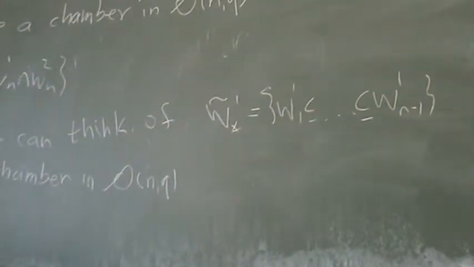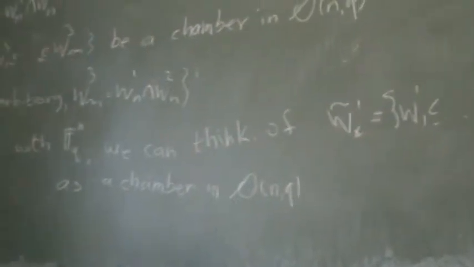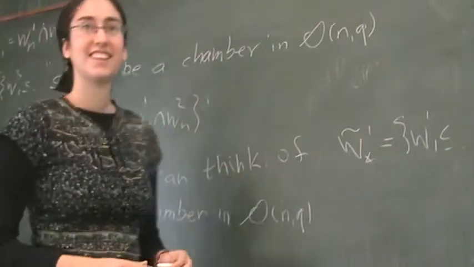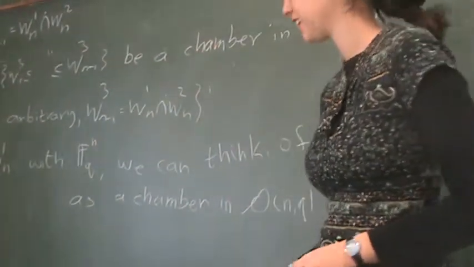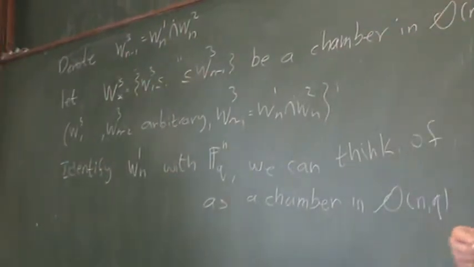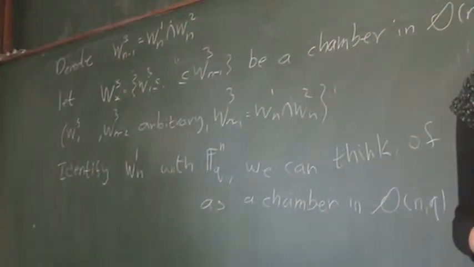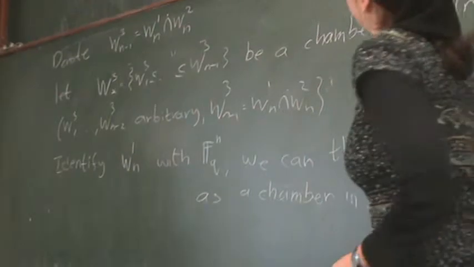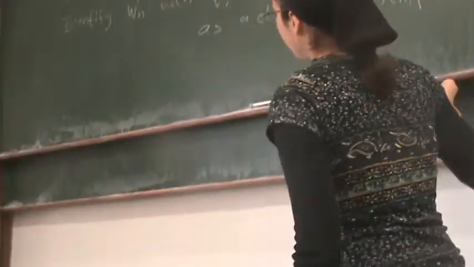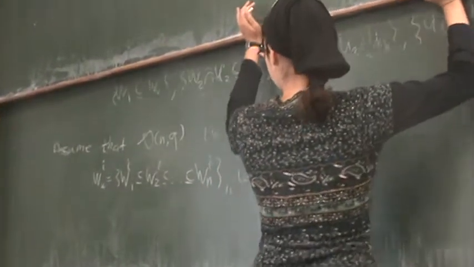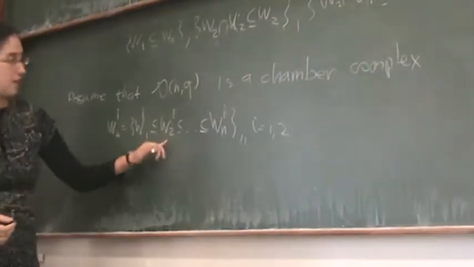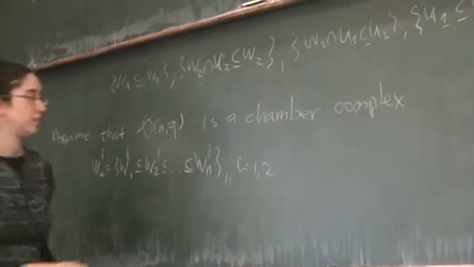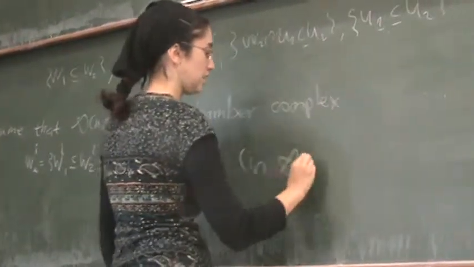I'm confused. You had a sequential complex. All your spaces were in F_Q^{n+1}. Yes, so the complex was S_{n+1}. So we take a chamber in S_{n+1}. So what you wrote is just n.